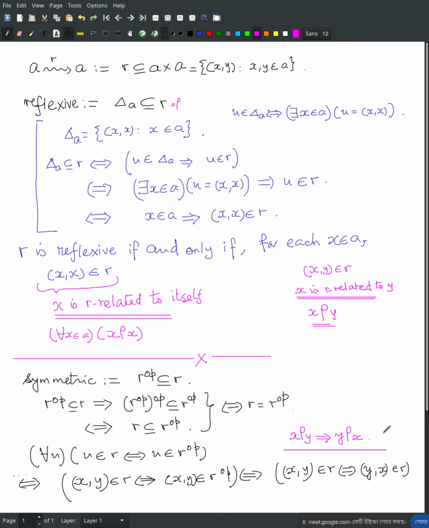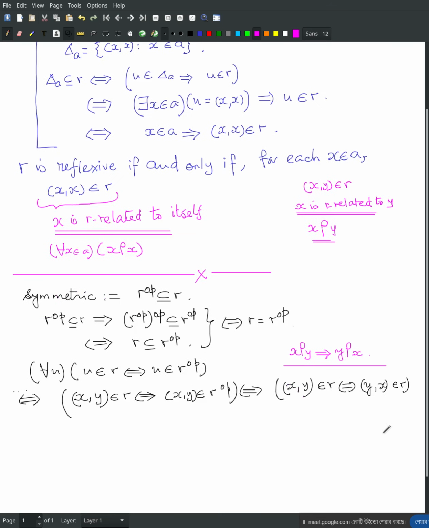And therefore y rho x also. Now let's look into some examples.